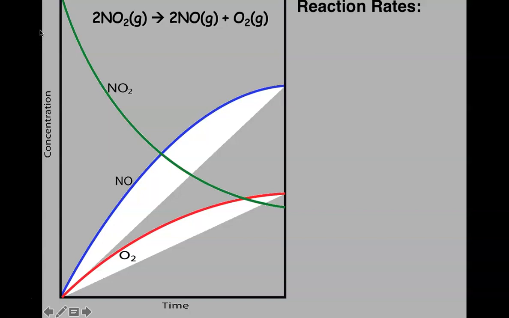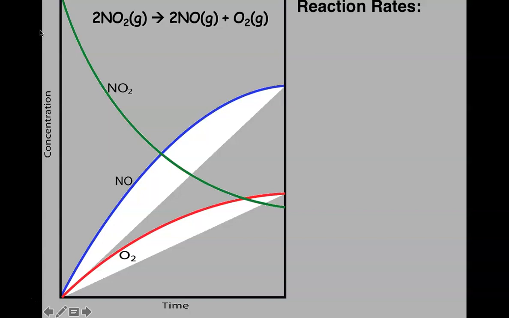Hopefully you can see that they are going in opposite directions and are basically mirror images of each other. If we relate the blue line to the red line, what do you see? Hopefully we see that they are both increasing and that NO, the blue line, is twice that of the red line.